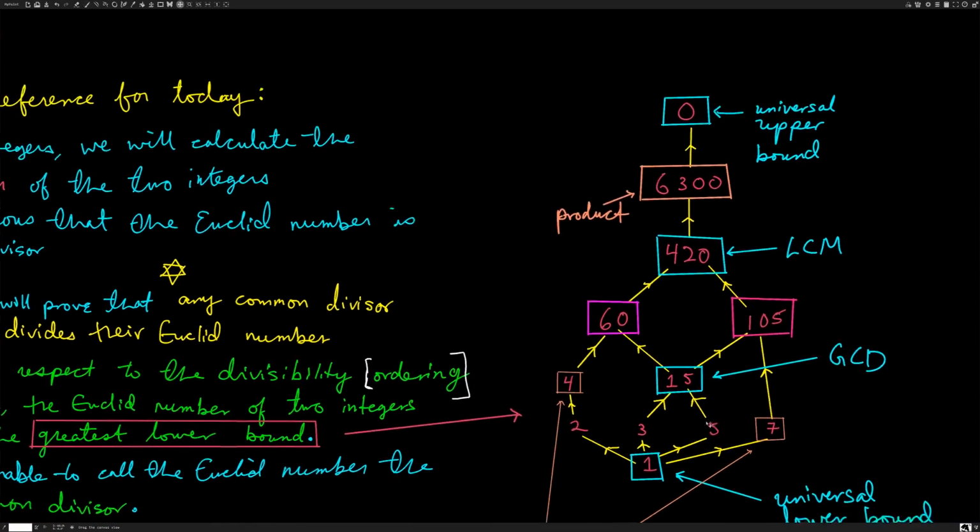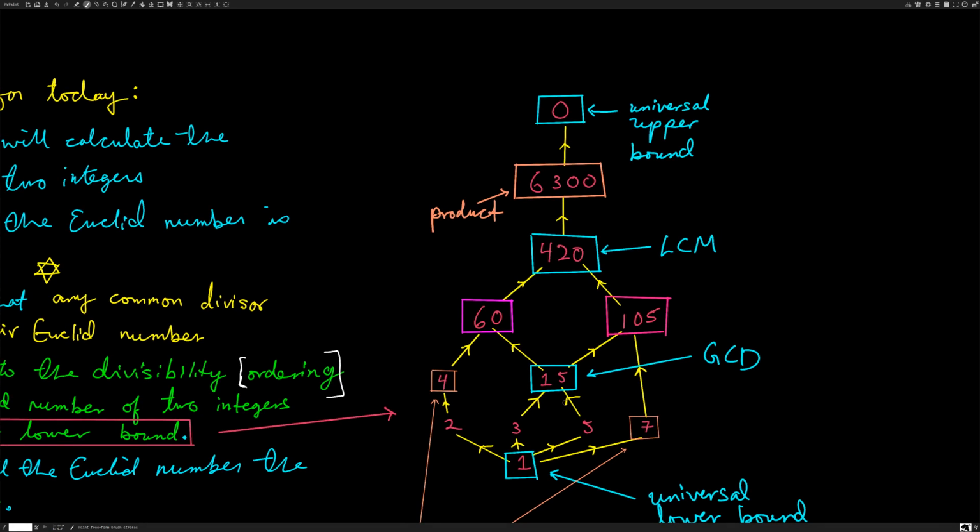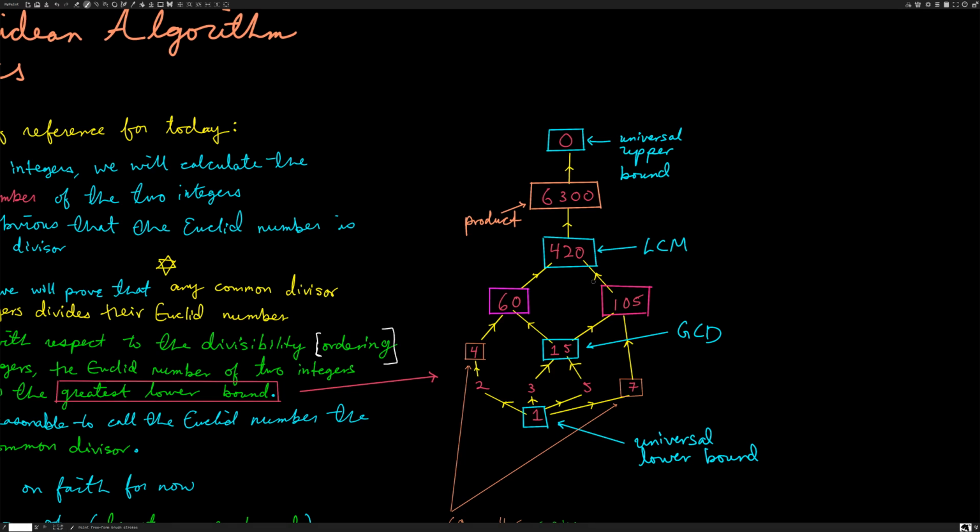So I just want to zoom out for a moment. Just look at 1 and look at 0. The reason this is glowy terminology: 1 divides everything, so everything is divisible by 1. 0 is divisible by everything, so 1 divides everything and nothing divides 1.